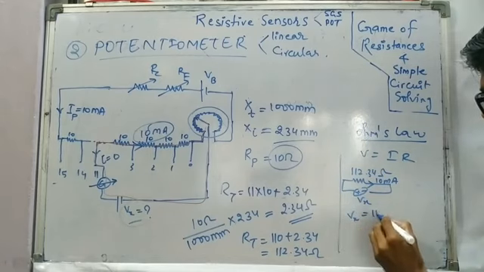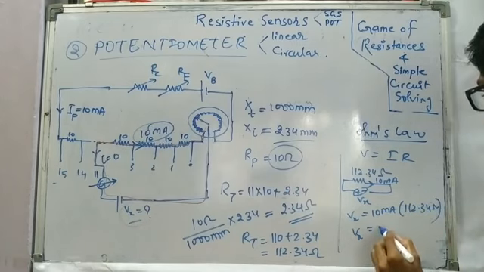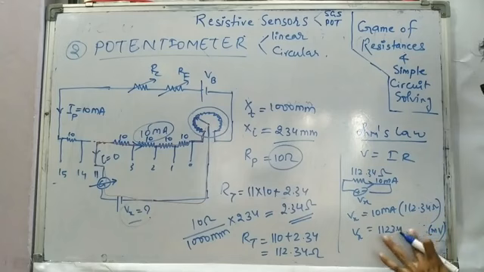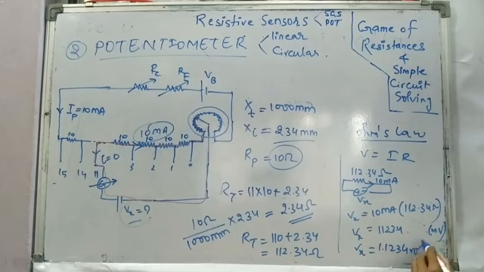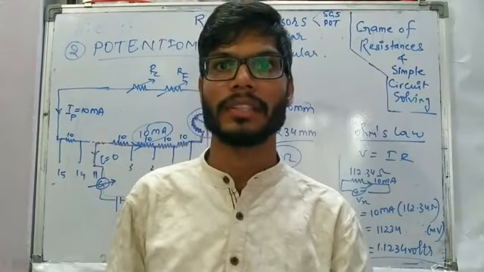So Vx is equal to 10 milliampere into 112.34 ohm. So Vx is going to be 1123.4 millivolts. So in volts it will become 1.1234 volts. So that's the complete idea of potentiometer, and so that's all for today.